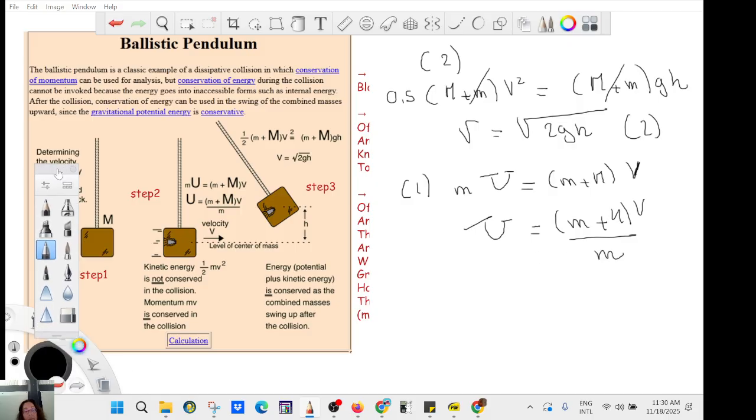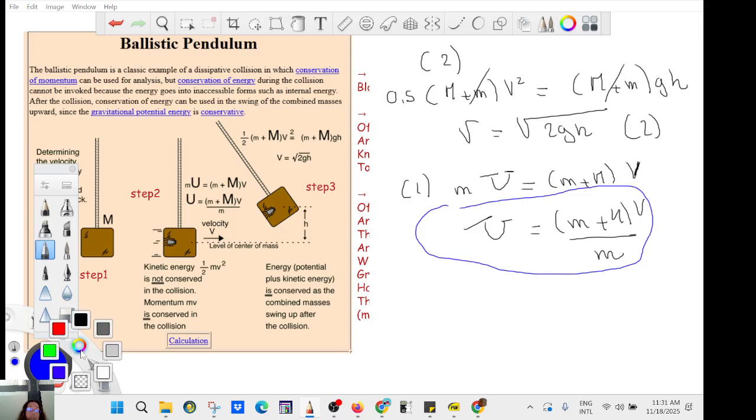That will be the ballistic pendulum equation. So the velocity v equals the square root of 2gh. First you find the velocity of the block, and then you find the initial velocity of the bullet. Do you all agree? We have to use both equations. Agree?